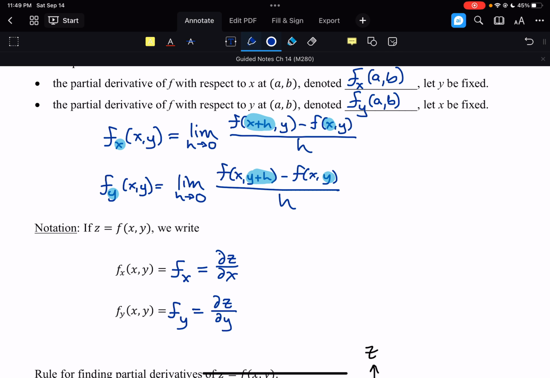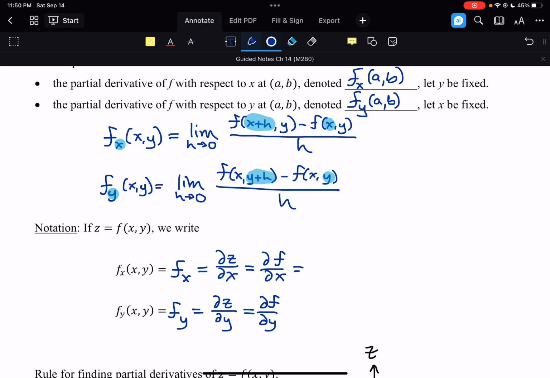So it's partial z with respect to x and partial z with respect to y. Very important to keep that notation straight because it implies that there's more than one variable. This can also be written partial f with respect to x, partial f with respect to y. If you're trying to draw it, the best suggestion I would give is it's kind of like a backwards 6.